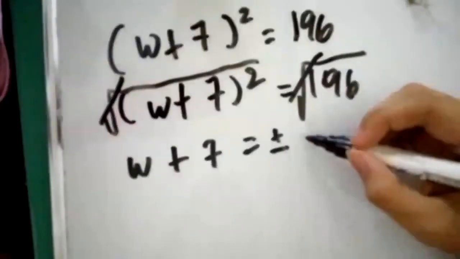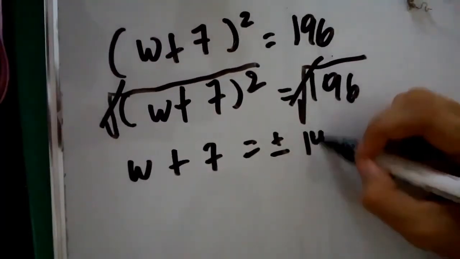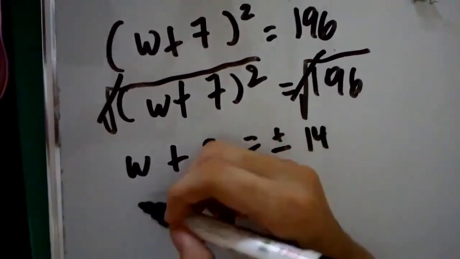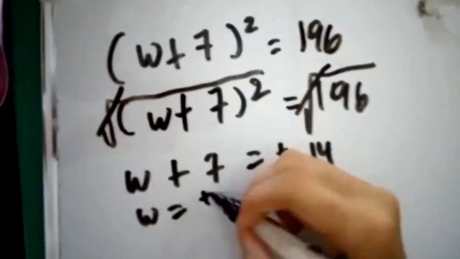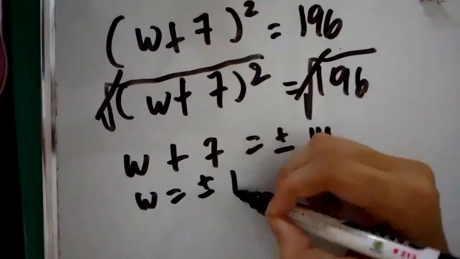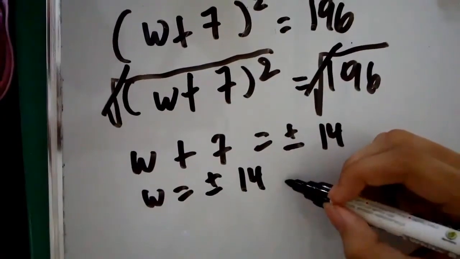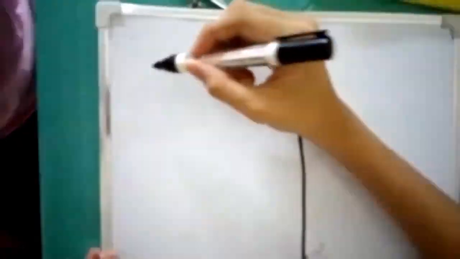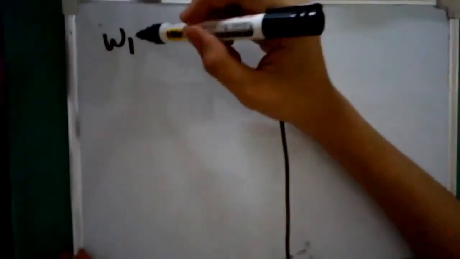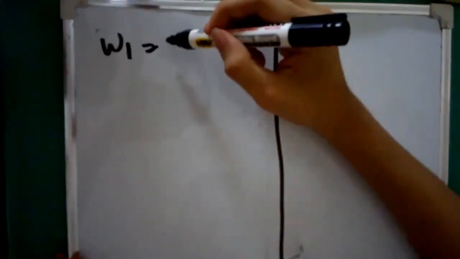Find the value of w and notice that we have positive and negative 14. W sub 1, which means our first value, and let us use the positive sign.